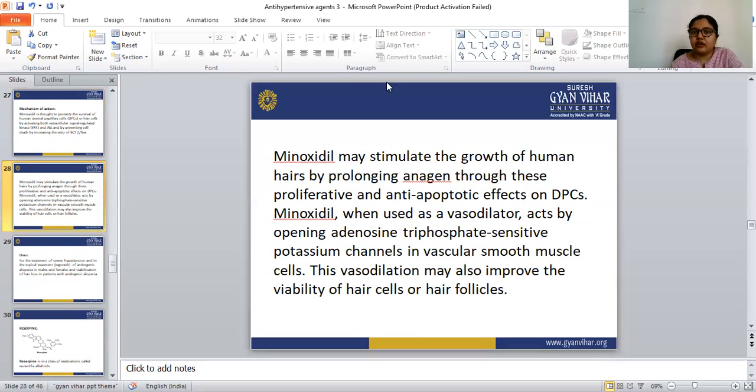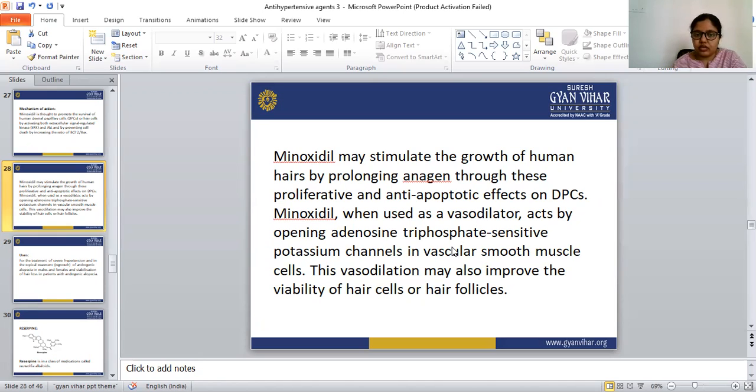Minoxidil may stimulate the growth of human hair by prolonging anagen through these proliferative and anti-apoptotic effects on DPC.